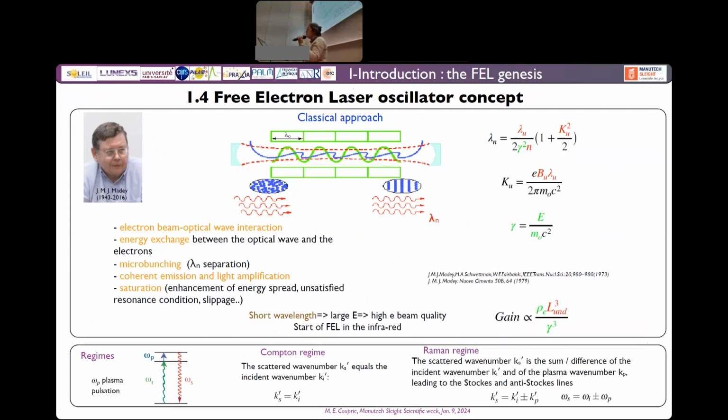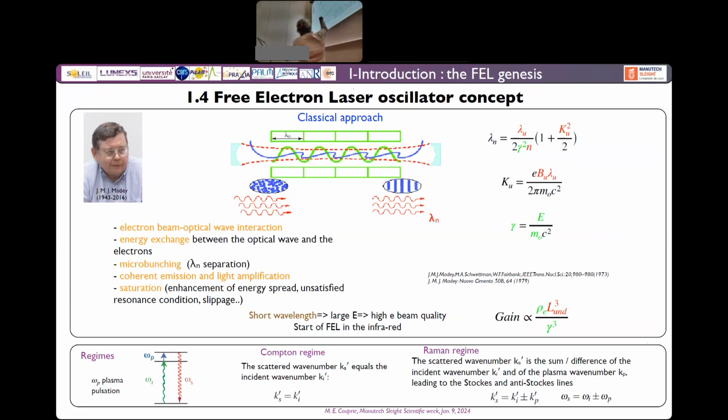So in the classical approach, we put the gain medium, which is the electron beam, inside the undulator, inside an optical resonator. Then we have an electron beam optical wave interaction, which can lead to an energy exchange between the optical wave and the electrons, as you see here.